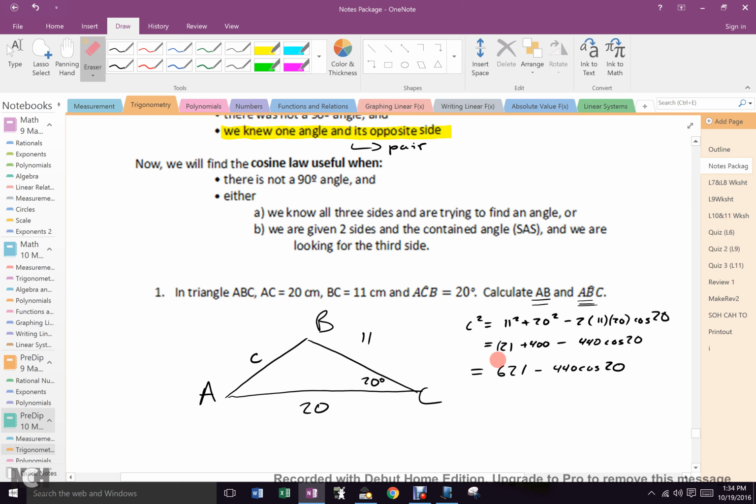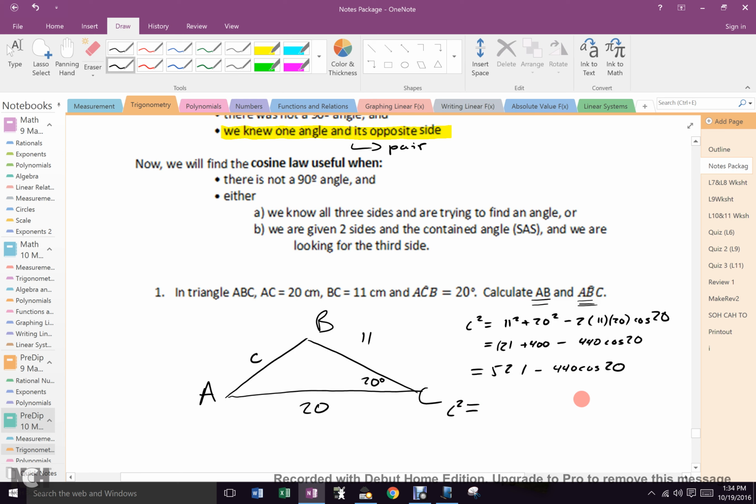Not 621, 521. Now you're going to go to your calculator. I don't care when you went to your calculator, but everybody should be punching a number in and trying to make it work, because that's going to get you c squared. What do you get here?